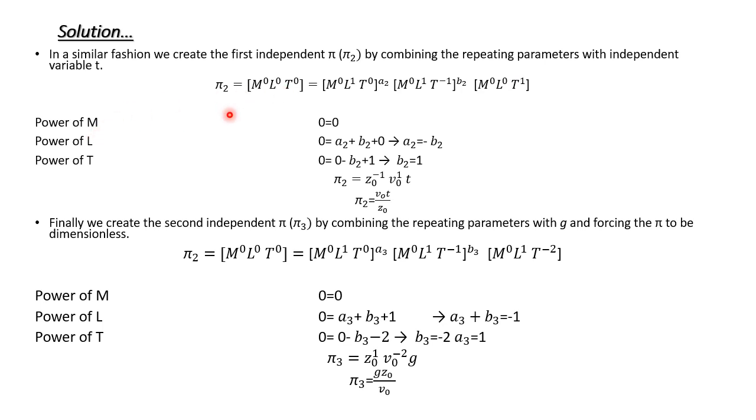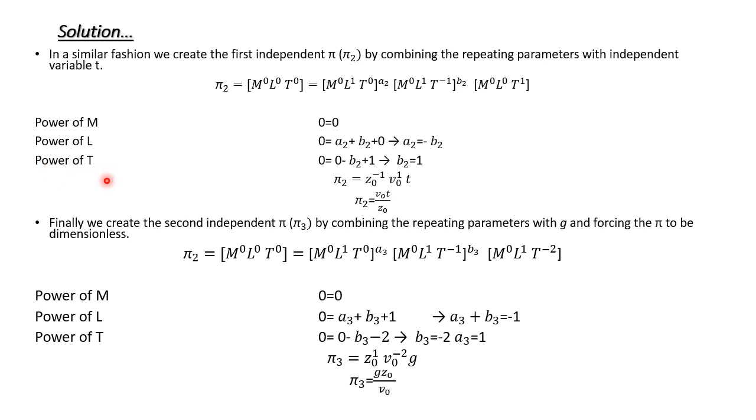Let us compare the powers of M, powers of L and powers of T. Power of M is 0, power of L on the left hand side is 0, and on the right hand side it is L to the power 1 into A2, so A2, and here also I have L1, so it is plus B2, so A2 plus B2 is equal to 0, so A2 is equal to minus B2.